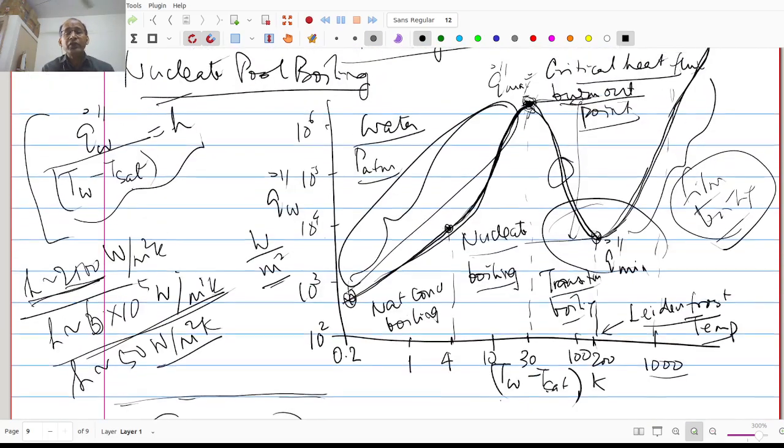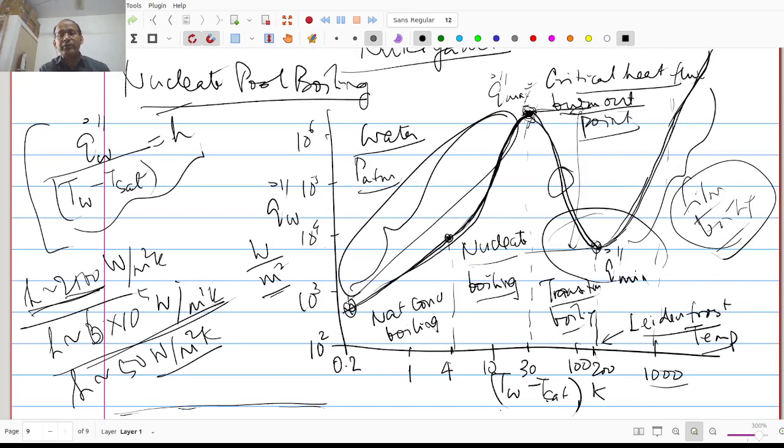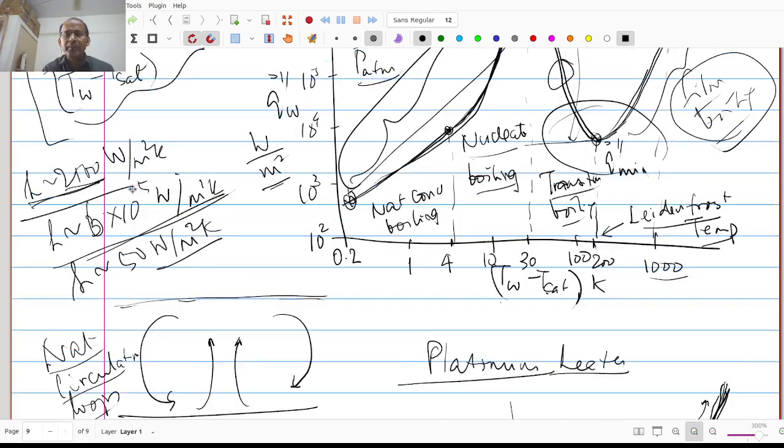Otherwise, you get the nucleate boiling and the film boiling parts very easily, but the transition boiling is unstable, and therefore in most naturally occurring systems, or even most engineering systems, the transition boiling phase is normally not encountered. You either have nucleate boiling or film boiling, but the transition boiling is a very quick phenomenon. It just moves off and it goes from one form to the other. So these two are the stable boiling mechanisms that are commonly encountered.